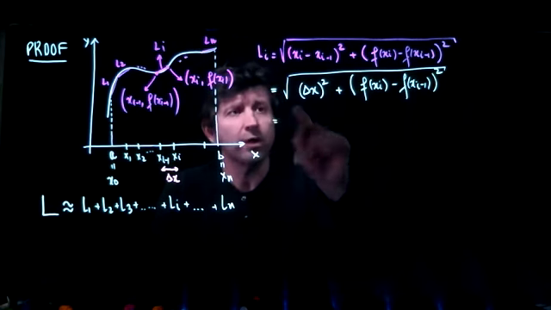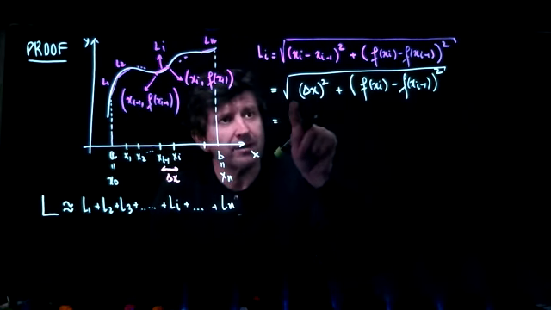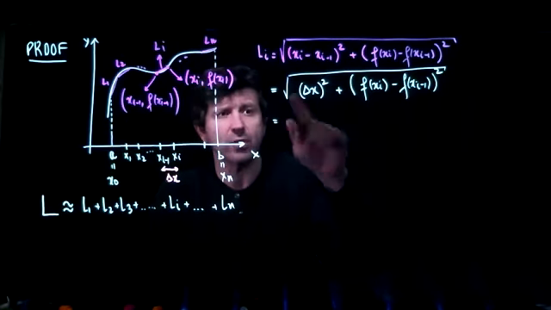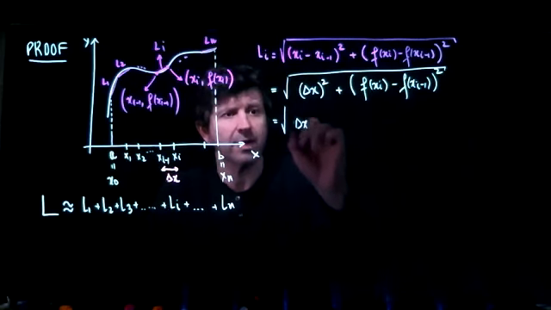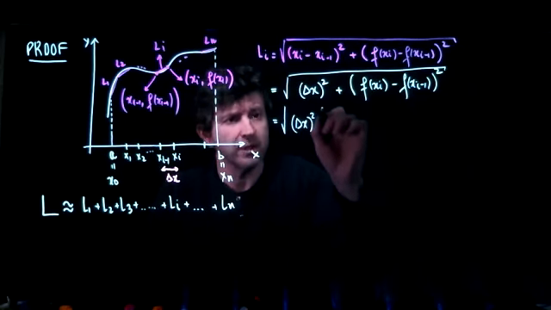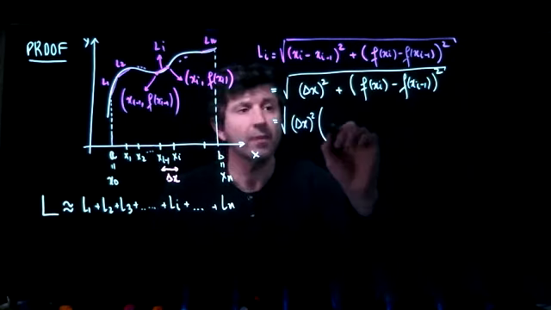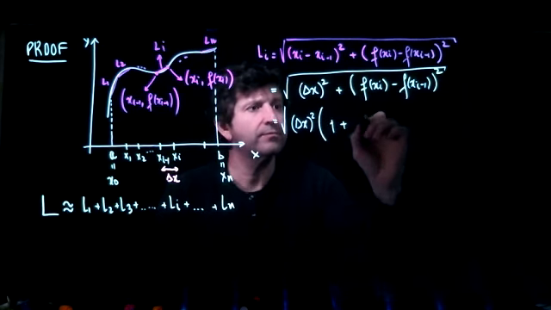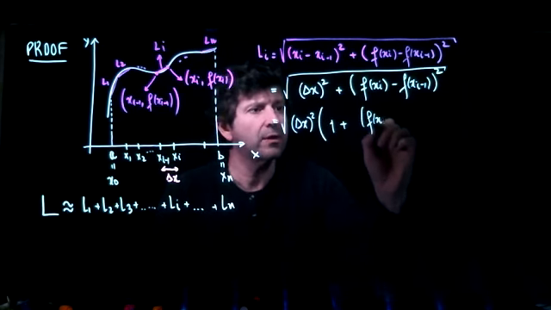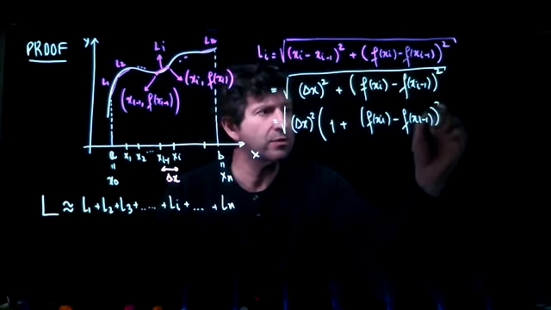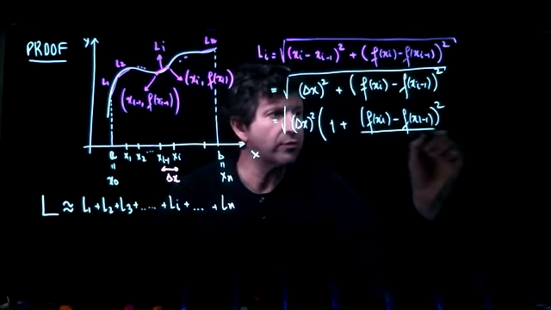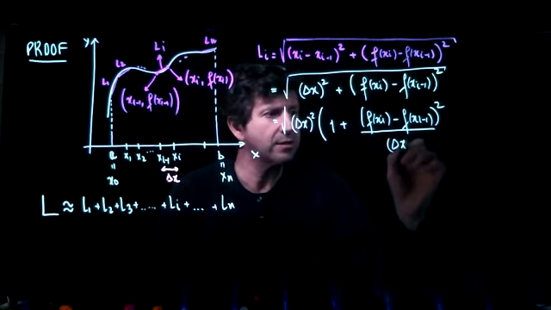And what I'm going to do here is I'm going to extract a delta x squared. So I'm really going to do all the steps here. Delta x squared times 1 plus f of xi minus f of xi minus 1 squared over delta x squared.